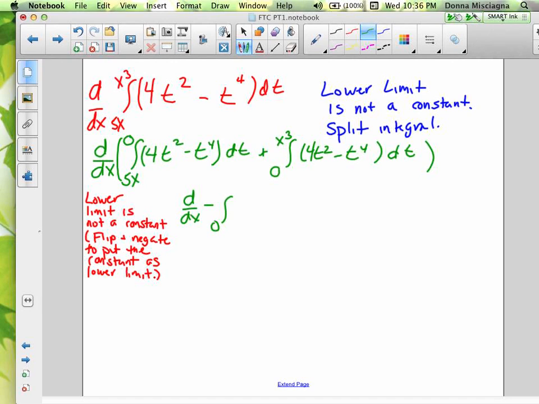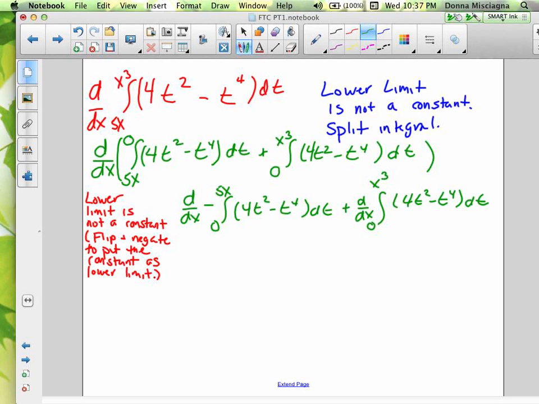Now the 0 is on the bottom, 5x is on the top, 4t squared minus t to the 4th dt. And then I'm just going to put the d/dx over here, so I don't have to use so many parentheses. And so we're taking the derivative of the second part, which would go from 0 to x cubed of 4t squared minus t to the 4th dt.